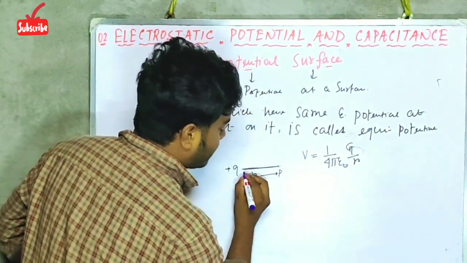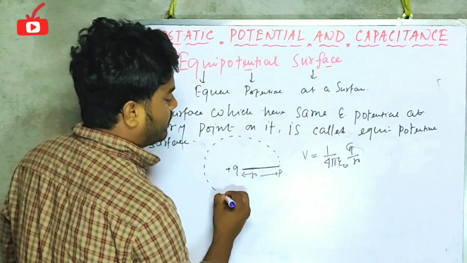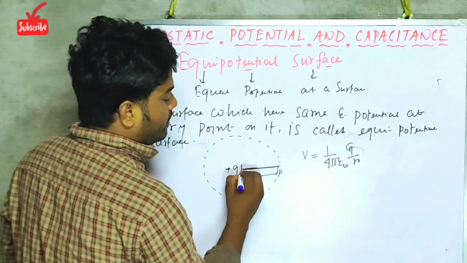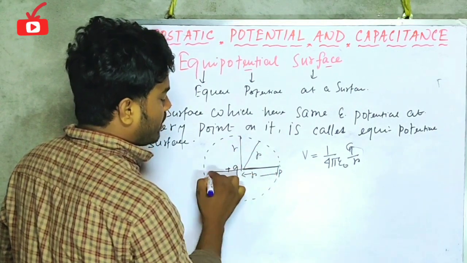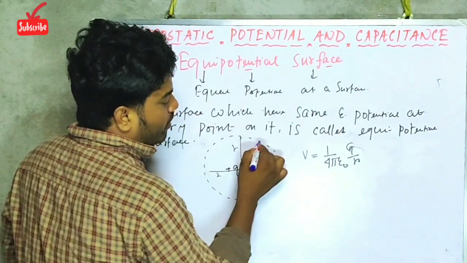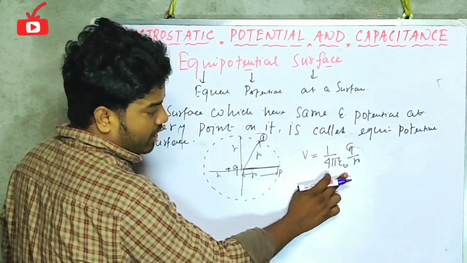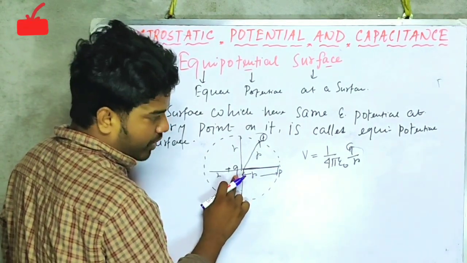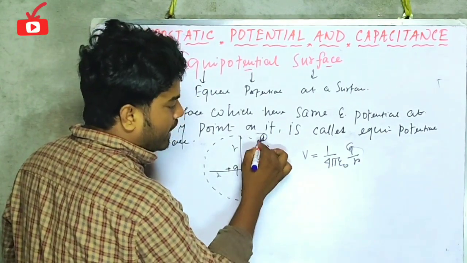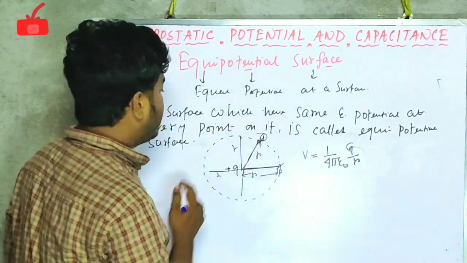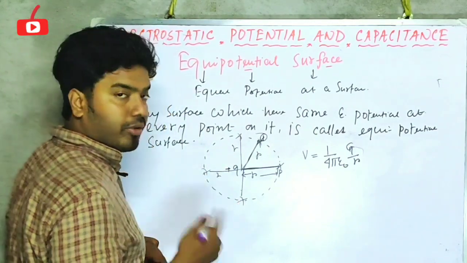Suppose this separation is R. Now if I make a sphere here, this distance is also R, this is also R. If I calculate the electric potential here, the expression will be the same: 1 by 4 pi epsilon naught Q by R. So at every such point the electric potential is the same.